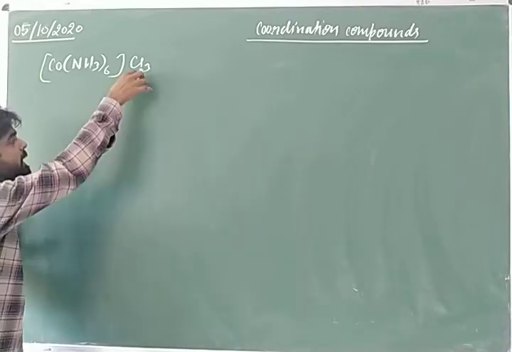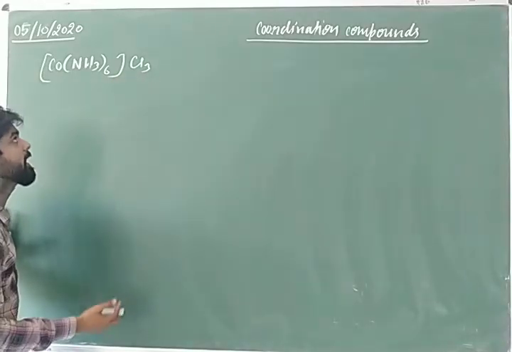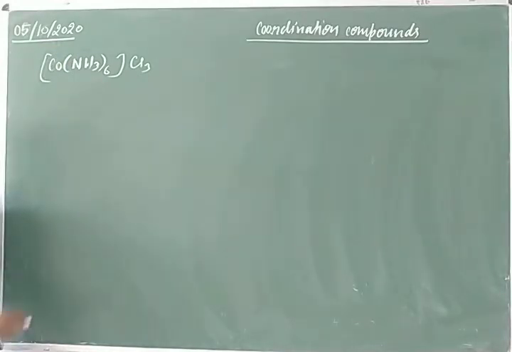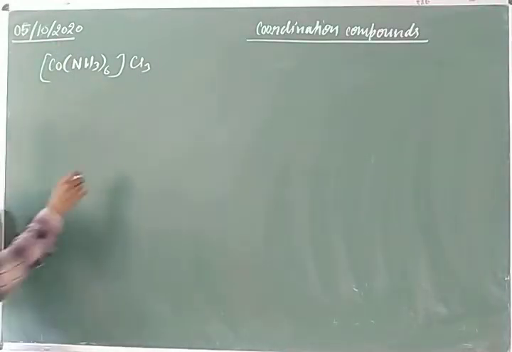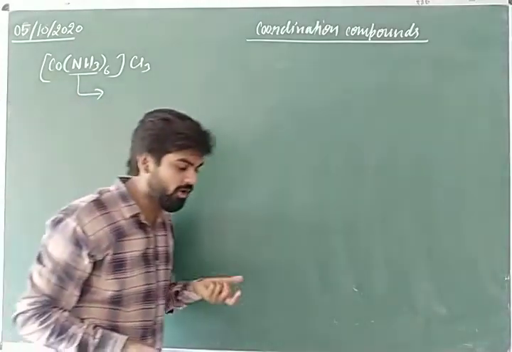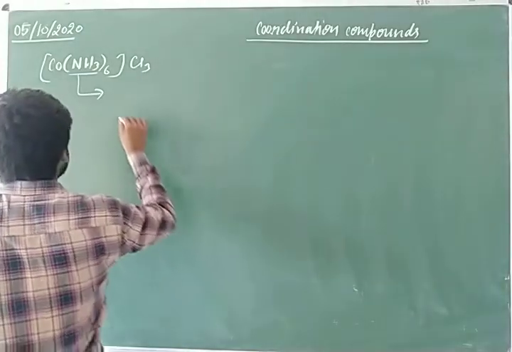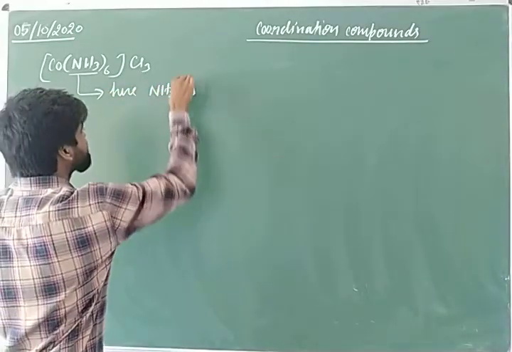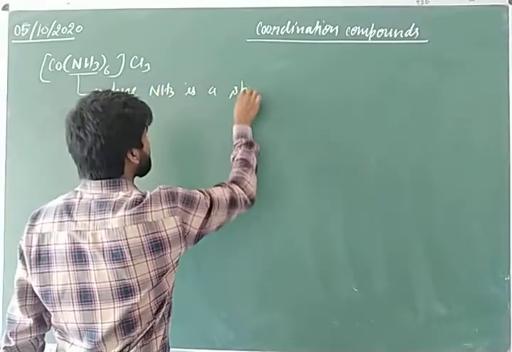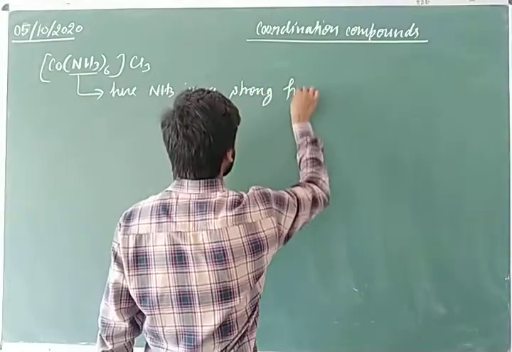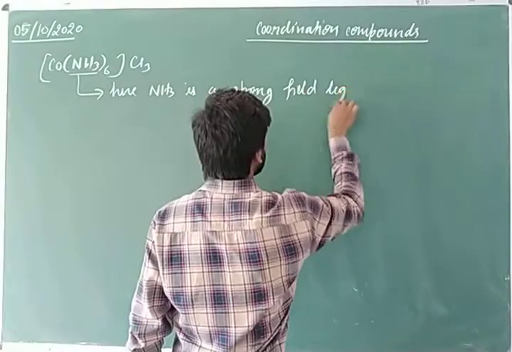The 3 counter ions in the form of chloride give the 3 positive charge on the cobalt. Here NH3 is a strong field ligand. Listen carefully, NH3 is a strong field ligand.